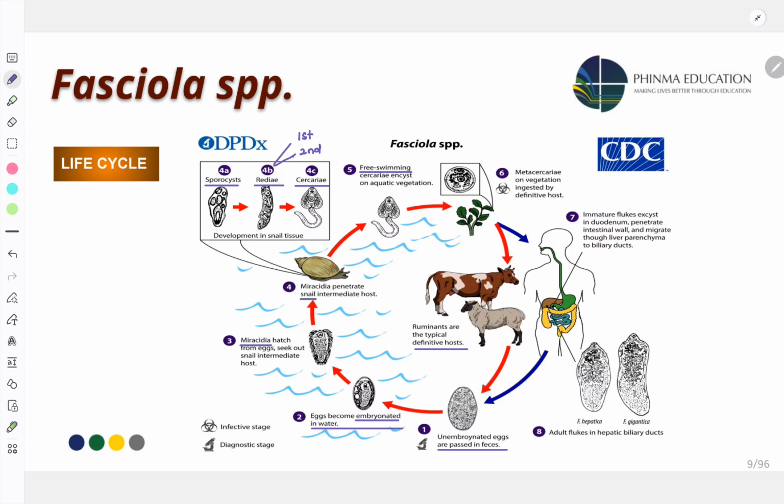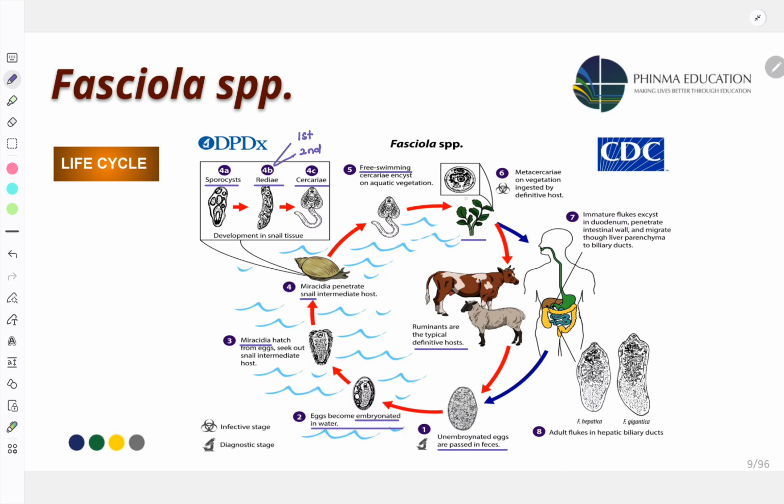Remember, sa Schistosoma, cercariae na ang infective stage for the definitive host. But for your other trematodes, for your hermaphroditic trematodes, the cercariae is the infective stage for your second intermediate host. For your Fasciola, the second intermediate host are your aquatic plants, your watercress, your kangkong.